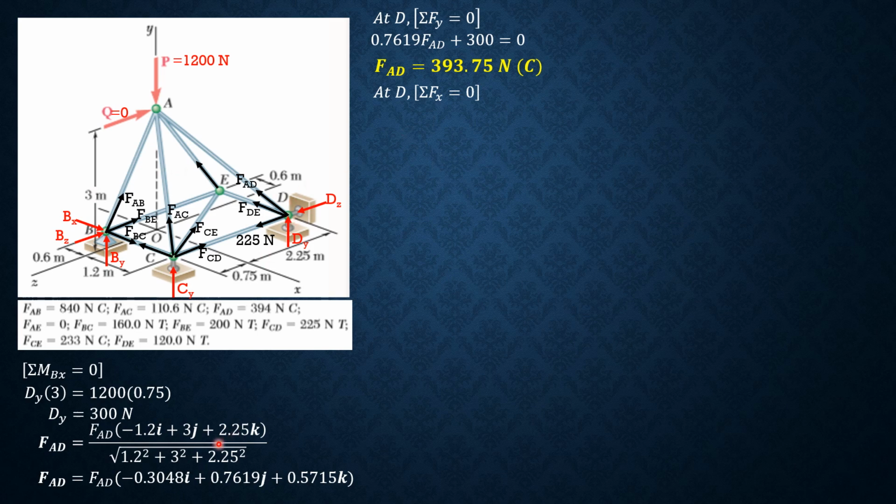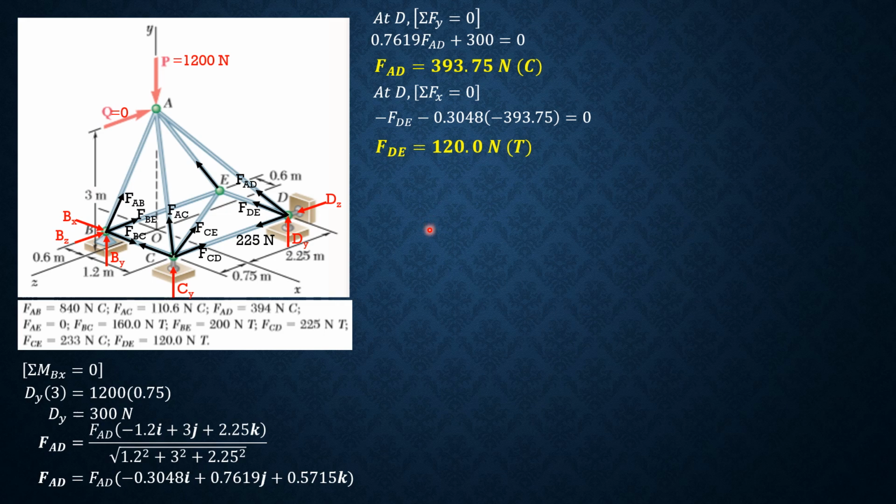Then x component of FAD is negative 0.3048 times negative 393.75, represented by this, equals 0. So FDE is positive 120.0 newtons. So I think everything is found.